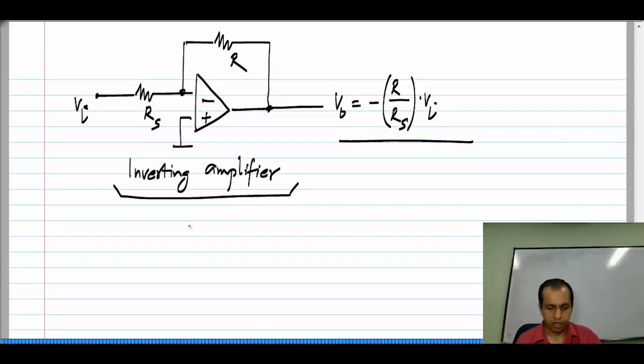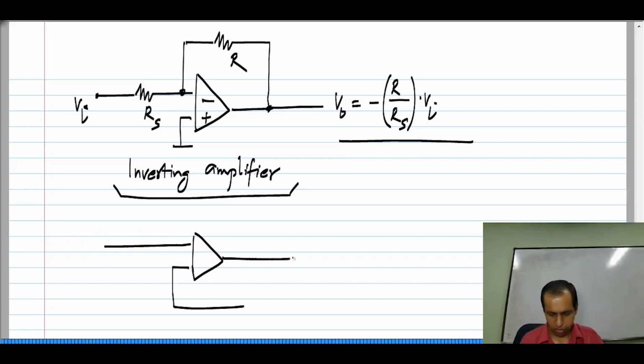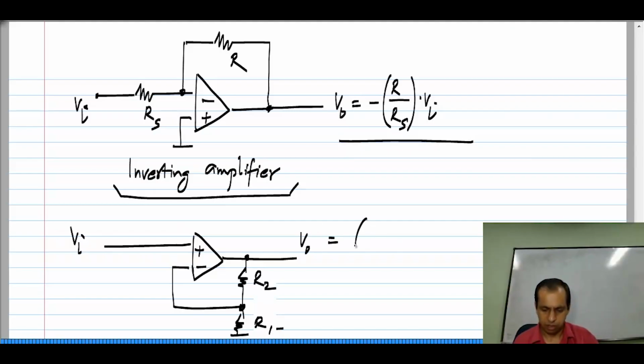Okay. And you can contrast this to the non-inverting amplifier. If I call these R1 and R2 and Vi and V0, V0 will be 1 plus R2 by R1 times Vi.